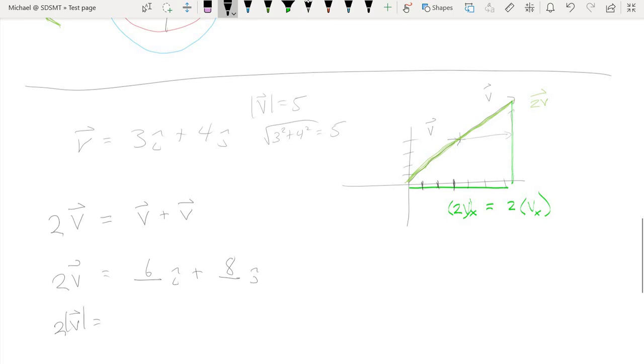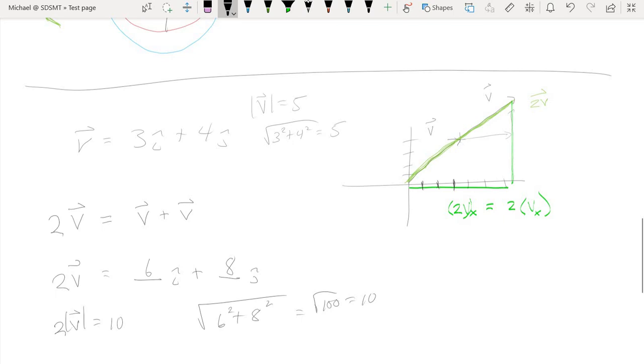Well, twice that value, twice that magnitude should be 10. Is that what we get if we plug in the square root of the sum of the squares of our new components? And believe it or not, it actually works. 6 squared is 36, 8 squared is 64. You add them together, you get 100. Square root of 100 is 10. So it does in fact work.